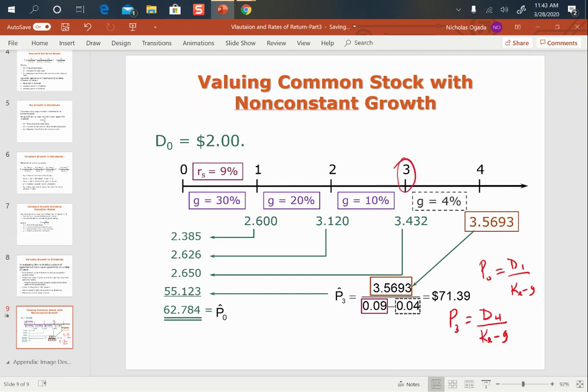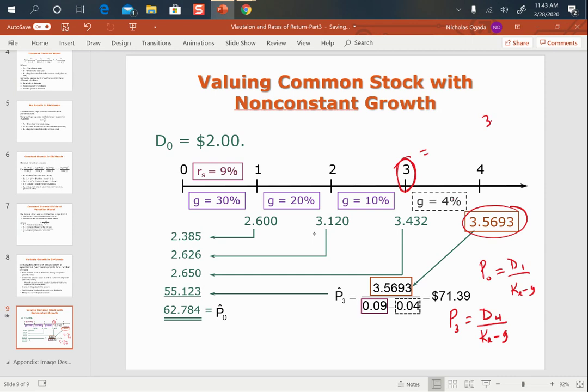So the price of this stock at year three will be the dividend that was paid in year four. In year three we had 3.432, plus that constant growth of 4%, which gives 3.5693.